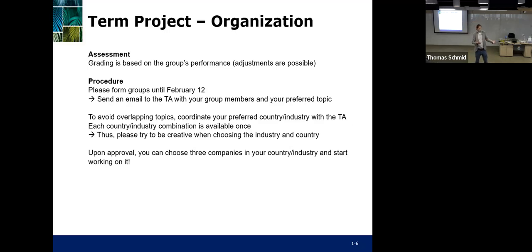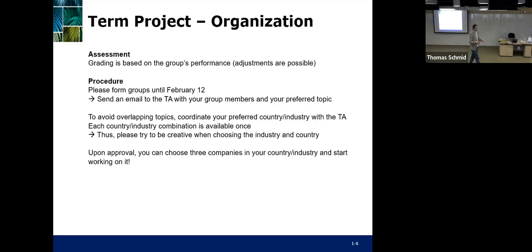But I've also seen very bad reports for traditional industries. And I've seen very good reports for more fancy industries like fintech or whatever. But I've also seen bad reports for those industries. So the industry really does not determine your grade or the quality of your work.